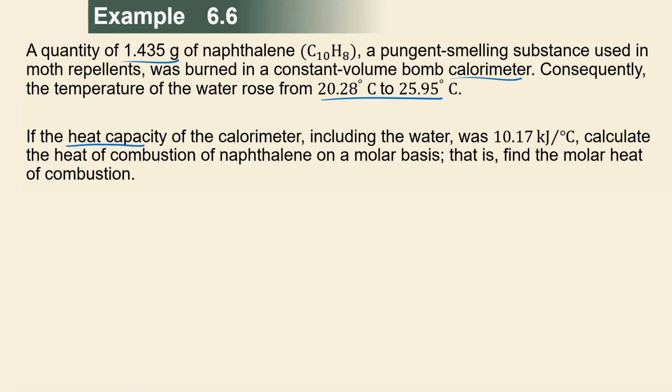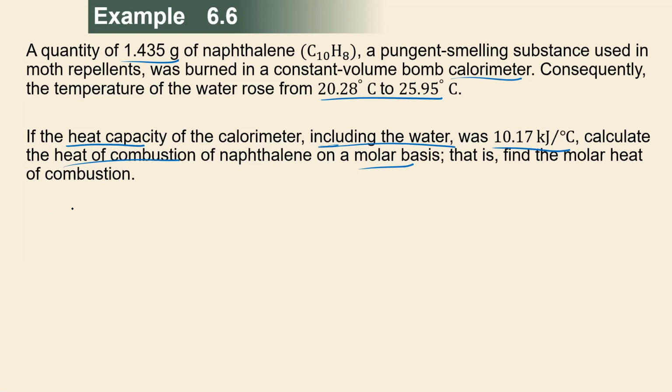It tells us the heat capacity, not the specific heat, but the heat capacity of the calorimeter that includes everything, including any water, as 10.17 kilojoules per degree C. So we're calculating the heat of combustion of naphthalene per mole. So we're burning a small sample of this molecule, and all that energy is being absorbed by the calorimeter that the reaction is happening in.